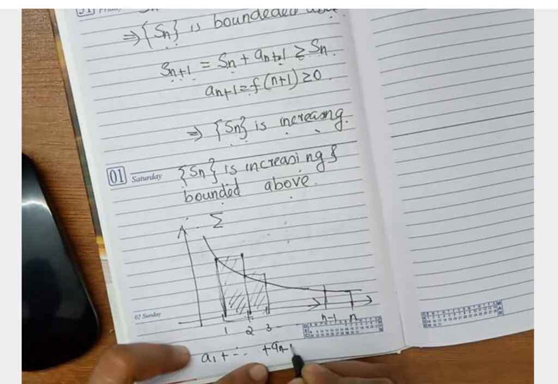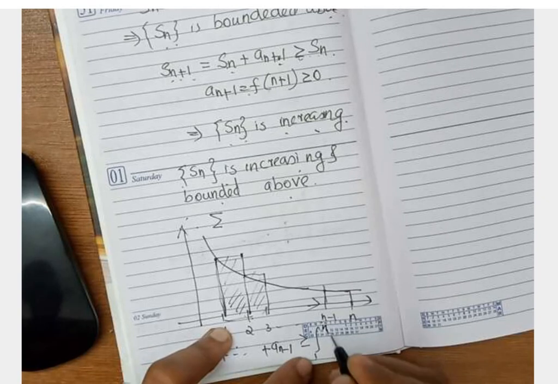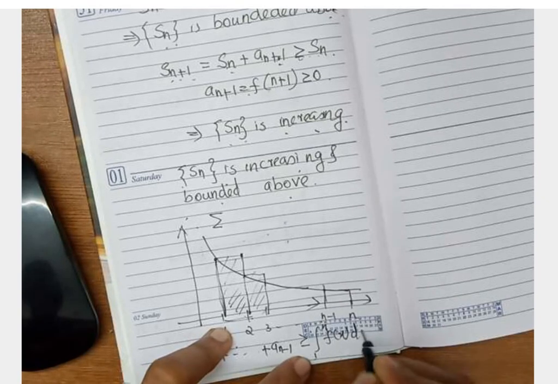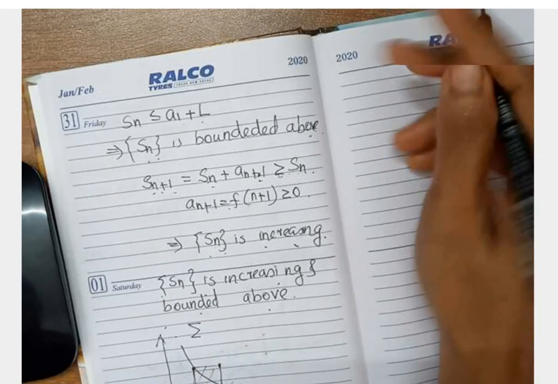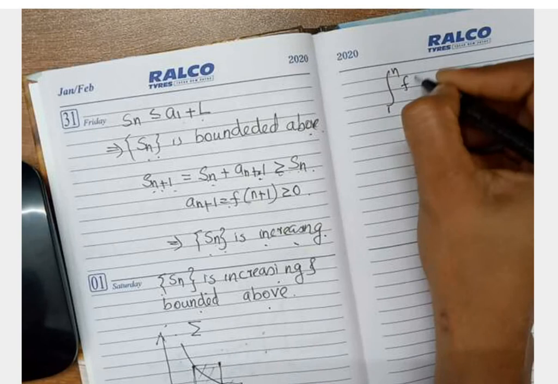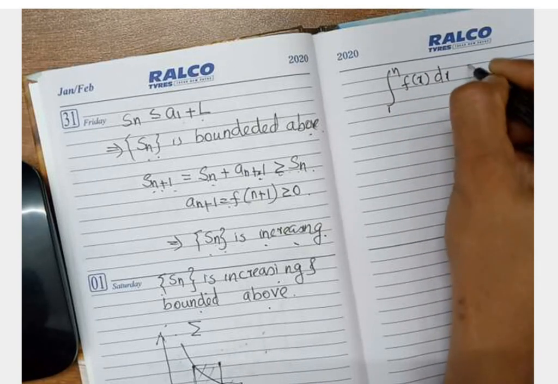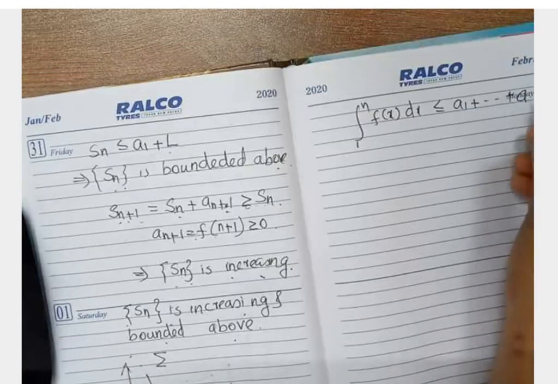This is always greater than or equal to the integral from 1 to n of f(x) dx. So the integral from 1 to n of f(x) dx is less than or equal to A1 plus etc. plus An minus 1.